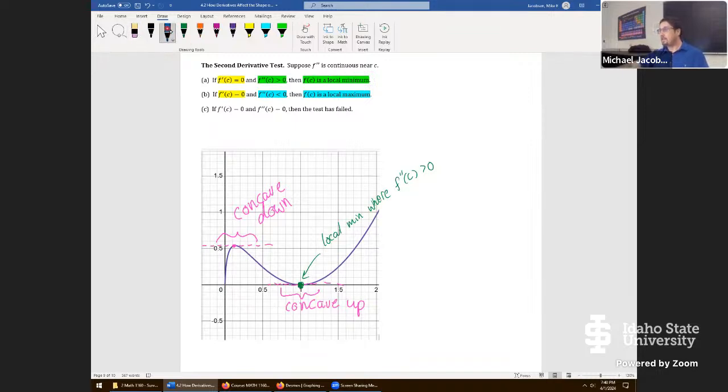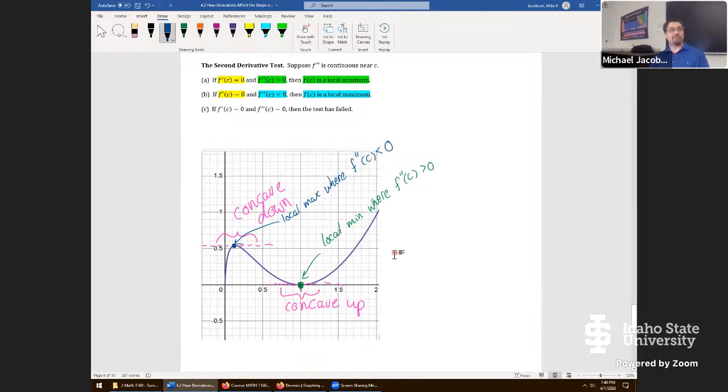Likewise, if we look at this location, that's a local maximum, but it was also concave down, which means the second derivative is negative here. And so just to make that related comment, we have a local max where f double prime at the critical number where that occurred is, double check, concave down, so less than 0.